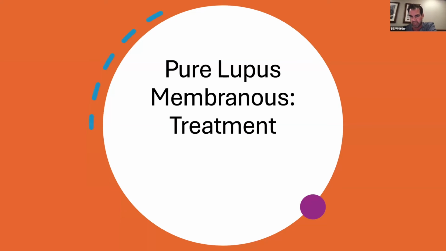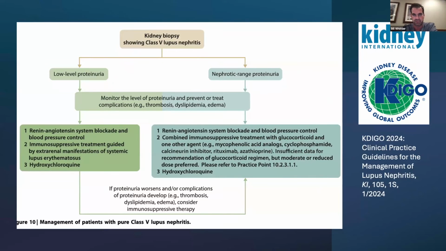So what about treatment? That's the big gorilla, or the elephant in the room here. And here's from KDIGO, pure class 5 lupus nephritis is what we're talking about. So we're not talking about proliferative or diffuse proliferative or segmental necrotizing lupus. It's really just pure class membranous. And KDIGO is fortunately relatively vague and gives us a lot of choices.